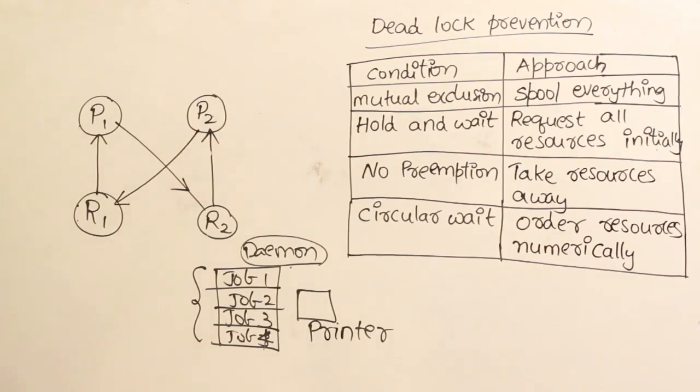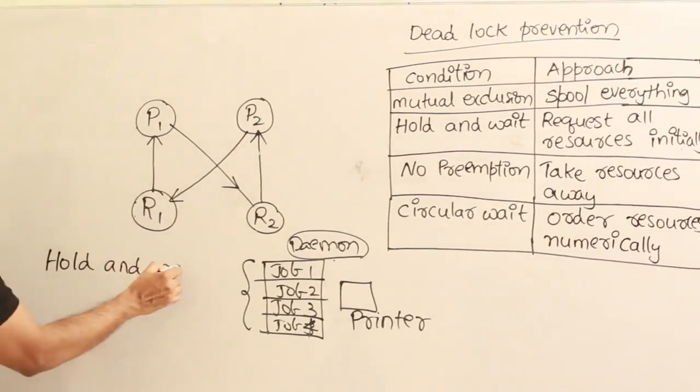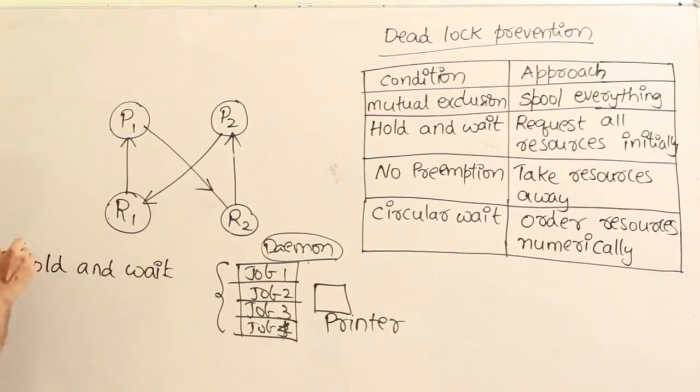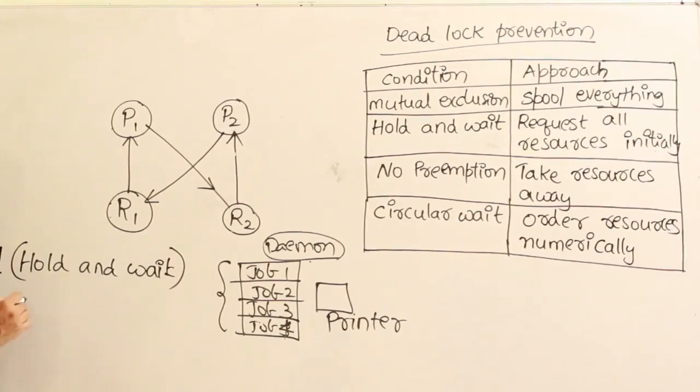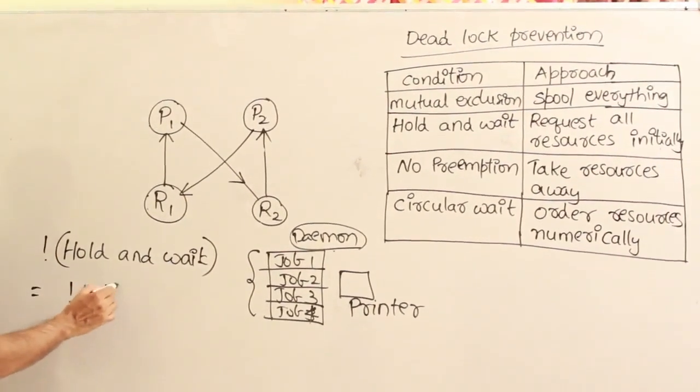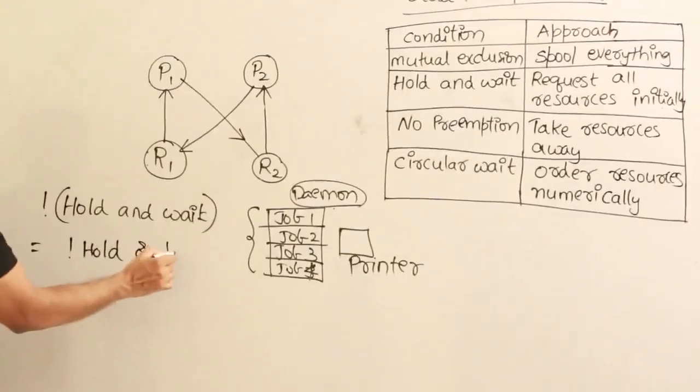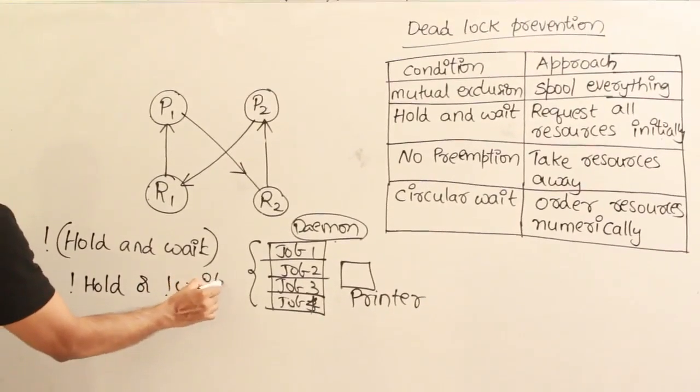What I mean to say is, I want to disable hold and wait, which means I don't want hold and wait. Then what should happen? I should not hold or I should not wait, isn't it?